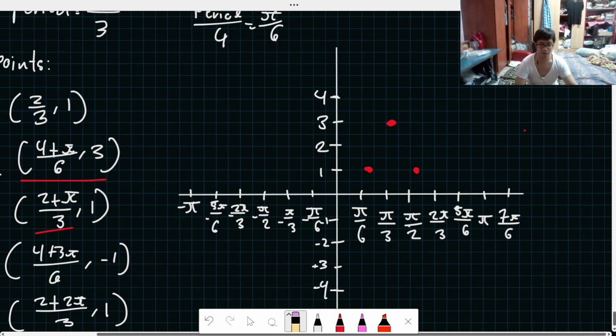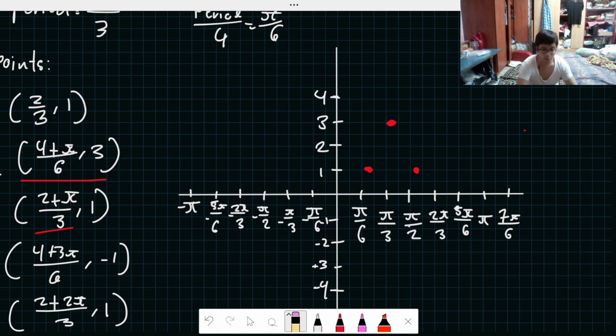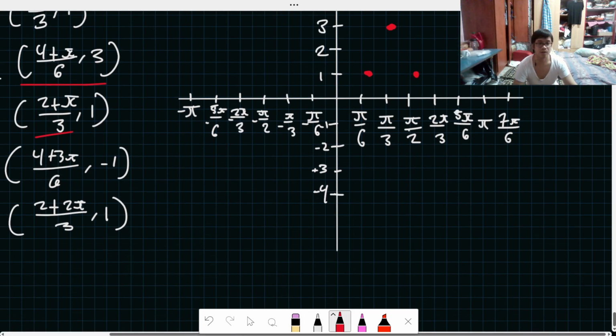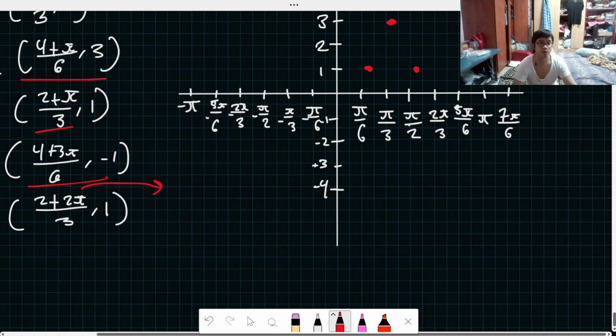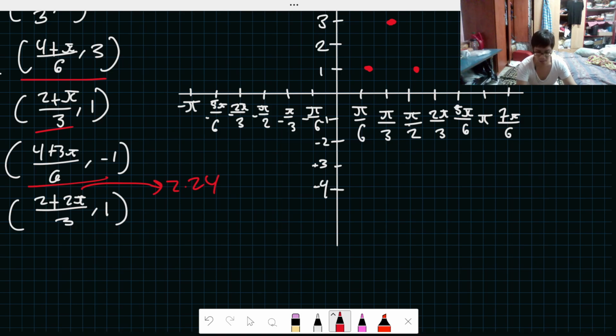So we're on the fourth key point now. Here we have 4 plus 3 pi all over 6. So this is 2.24. Okay. And then I think it's actually closer to 2 pi all over 3.